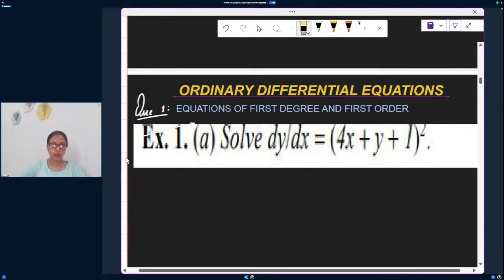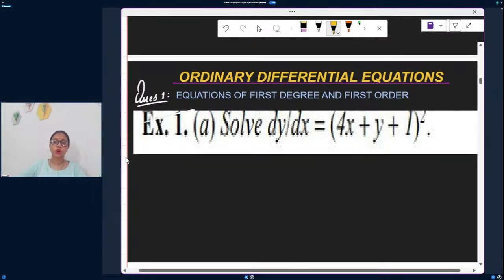Question number 1. Solve dy by dx is equal to this whole square. Again, this is dy by dx, and as you can see, there is a function of ax plus by plus c in the numerator, and the denominator is a constant function.